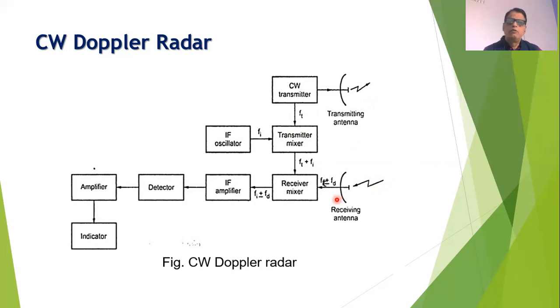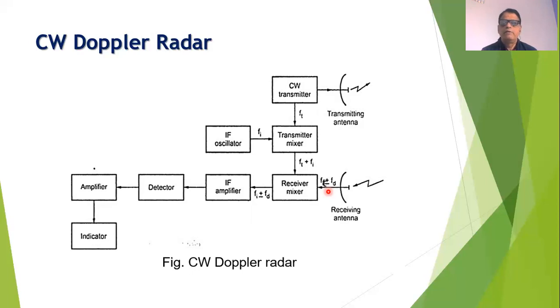According to the Doppler effect, or Doppler shift, when this signal is received at the receiving antenna, there is a slight change in the frequency, and this change is called Fd, or many times we use the terminology delta F. So the signal received by the receiving antenna is Ft plus or minus Fd, or delta F.